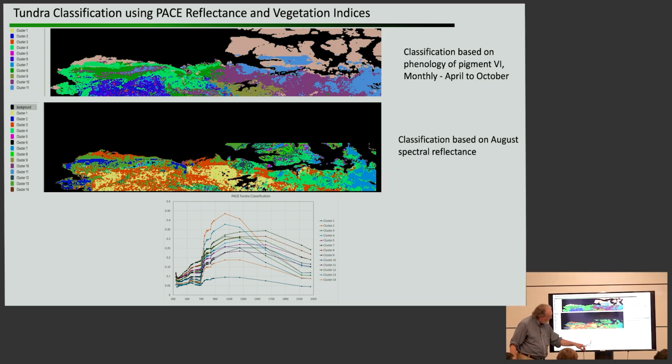And in fact, these groups that have relatively low reflectance in the red, this is predominantly variations due to changes in green leaf area in vascular plants. These ones that are relatively high, which tend to be classes over here in the east, look to me like lichen spectral reflectance. And so we're seeing variations in lichen cover here. So two fundamentally different vegetation types are turning up in the spectral reflectance there.